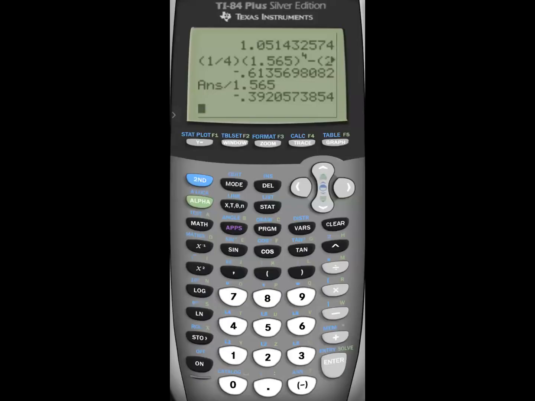Okay, real quick, I'm going to take the integral. I'm going to do the integral first because I can mess that up.